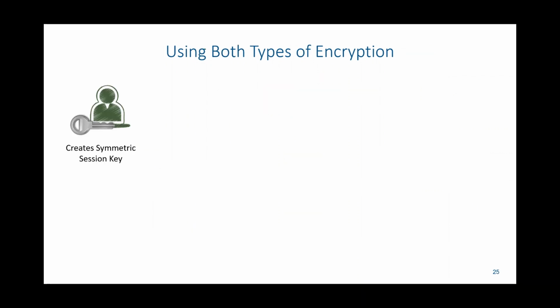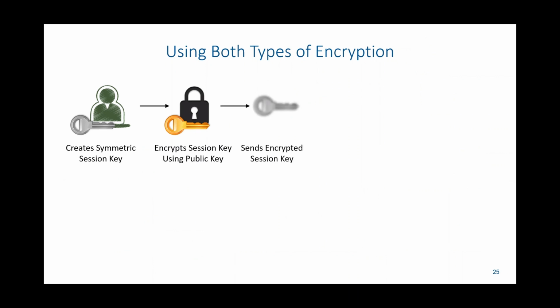So a better approach to take advantage of both symmetric and asymmetric encryption is to use them together. So the first thing that we're going to do is create a symmetric session key that can be shared with anyone. We are going to then encrypt this session key using a public key. And then we send that encrypted session key, which no one can receive except for the person that has the private key to decrypt it.